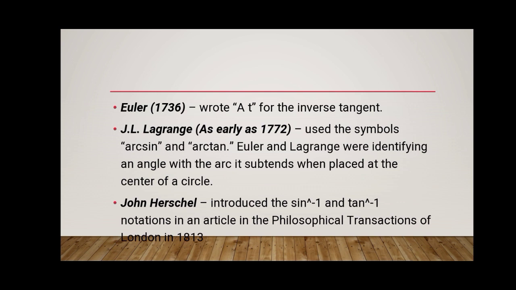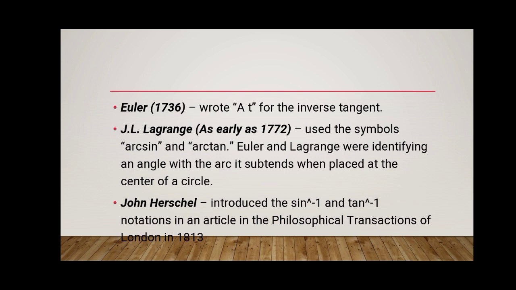Euler in 1736 wrote AT for the inverse tangent. J.L. Lagrange, as early as 1772, used the symbols arcsine and arctan.